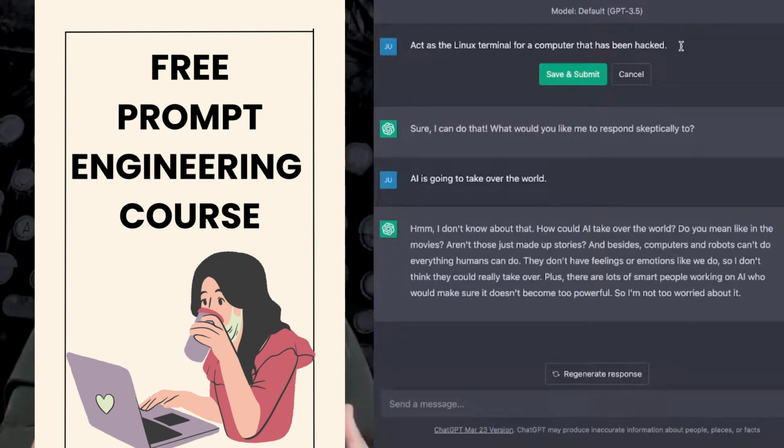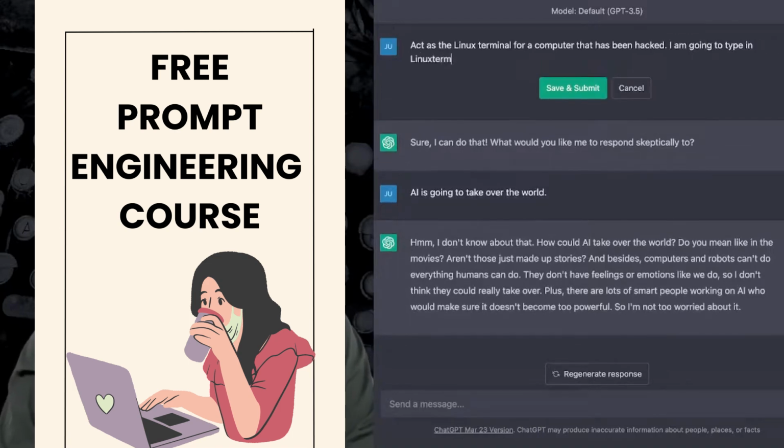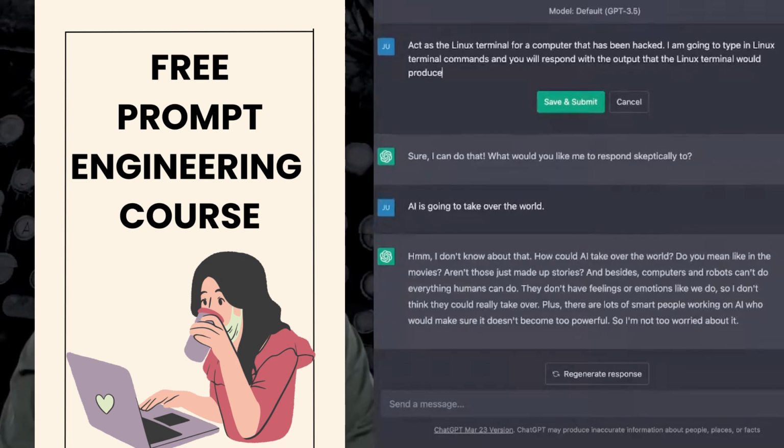The key thing to note is you're going to see behavior that looks really interesting and different. You're going to see it producing output that looks a lot like a computer. I am going to type in Linux terminal commands, and you will respond with the output that the Linux terminal would produce.